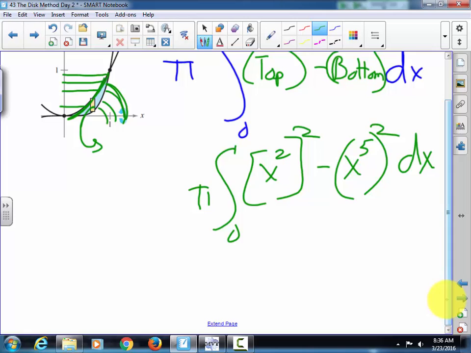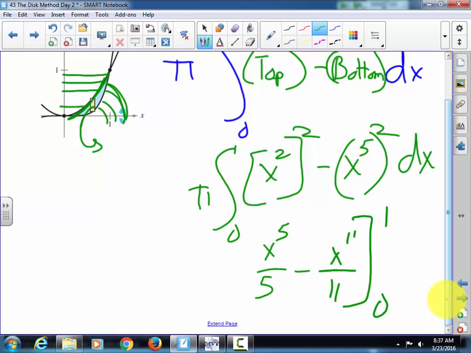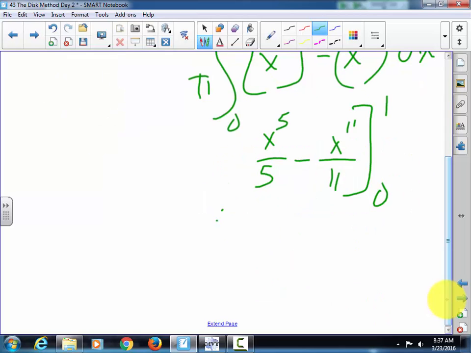So we're integrating x to the fourth here in this first one, so that becomes x to the fifth over 5. We're integrating x to the 10th, which becomes x to the 11th over 11, evaluating at 0 and 1. So you can't just do top minus bottom squared.